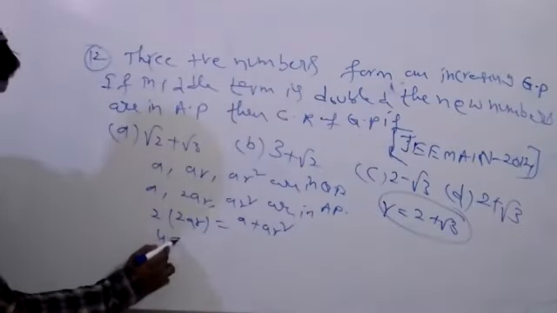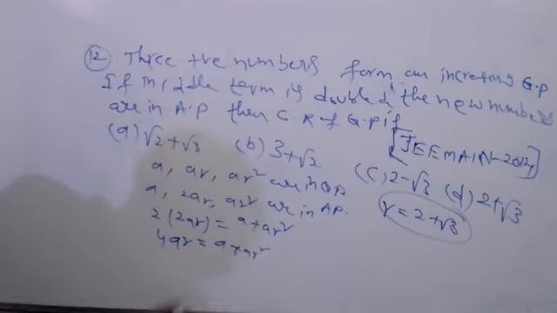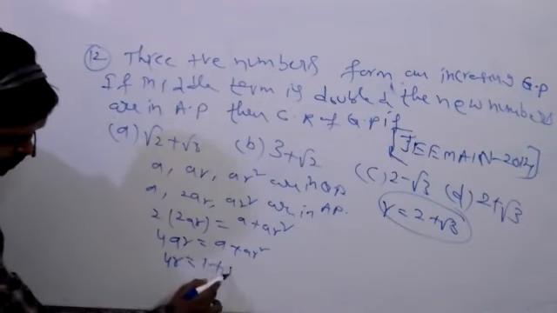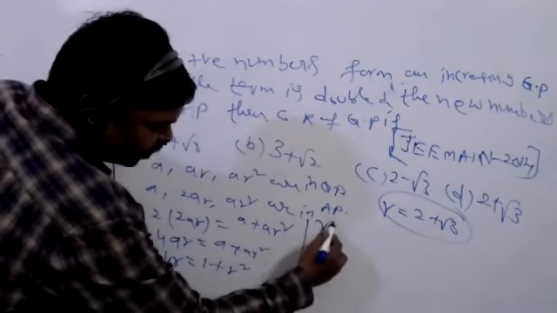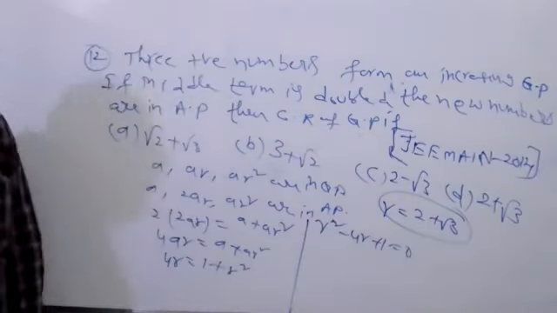See, 4AR is equal to A plus AR square. A is common, A cancels. Then 4R is equal to 1 plus R square. Now the equation is R square minus 4R plus 1 is equal to 0.